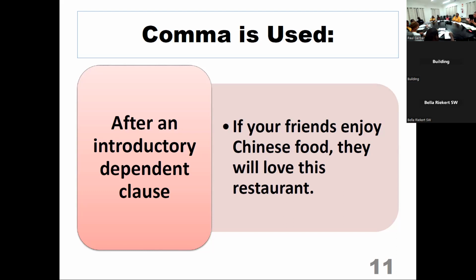If your friends enjoy Chinese food, they will love this restaurant. That's also how you use a comma. You have an introductory clause and then another clause after that, and you have to put a comma in between to separate the two. So that's another use of the comma. The comma is used quite a bit, eh? Different uses for the comma.